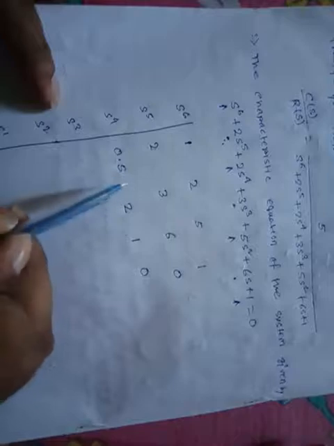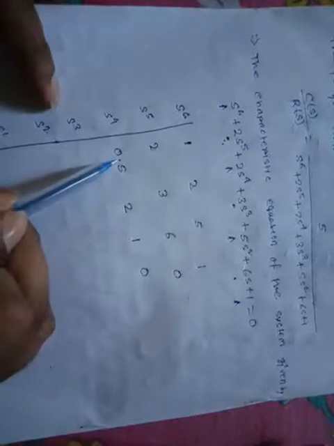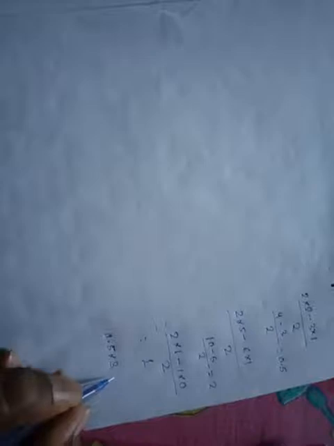So this is the row of s to the power 4, and second I will find the value of s to the power 3. It is the same procedure. I multiply 0.5 into 3 minus 2 into 2, divided by 0.5.